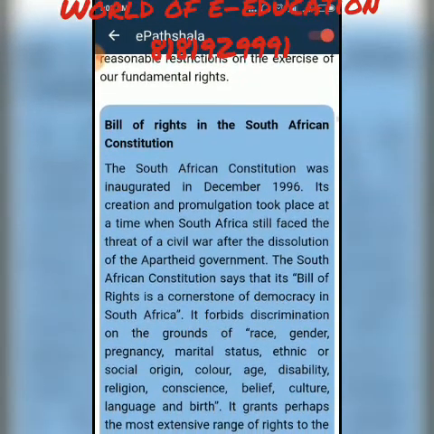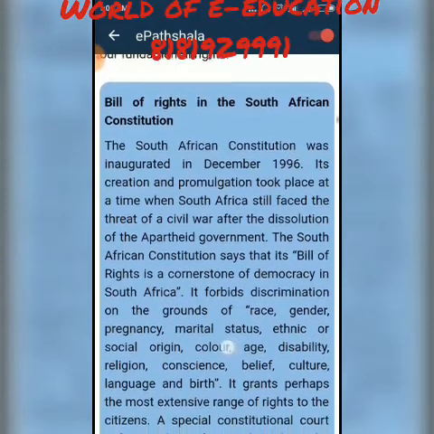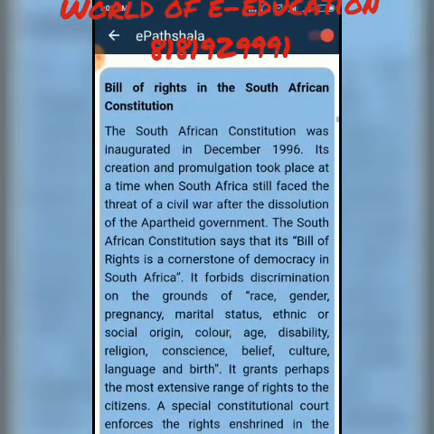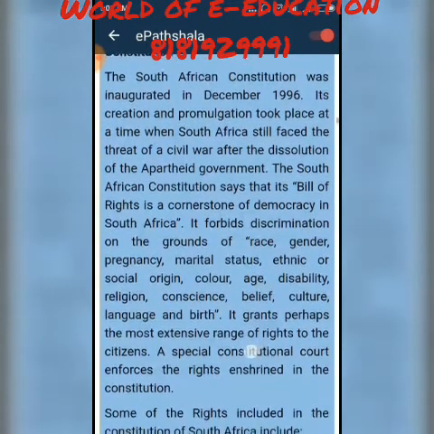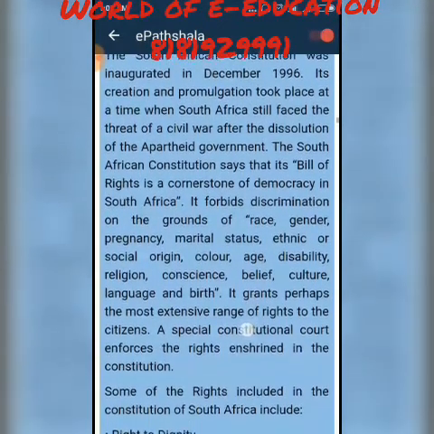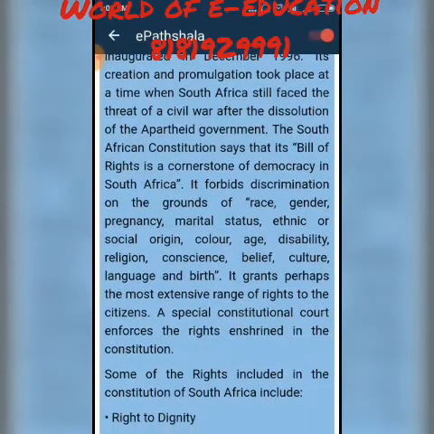The South African Constitution says that its Bill of Rights is a cornerstone of democracy in South Africa. It forbids discrimination on the grounds of race, gender, pregnancy, marital status, ethnic or social origin, color, age, disability, religion, conscience, belief, culture, language and birth.